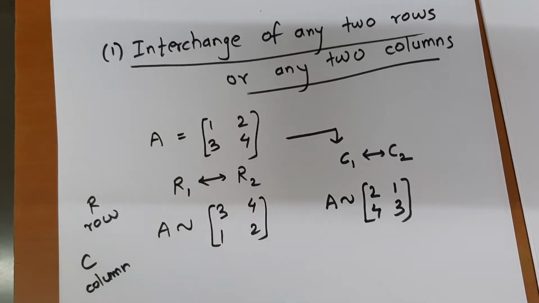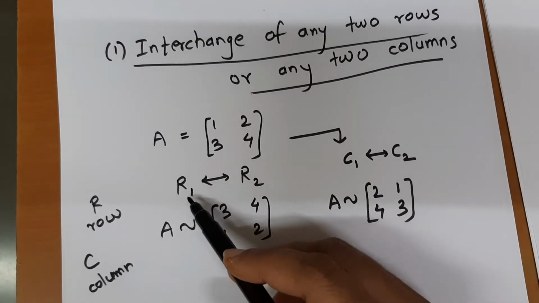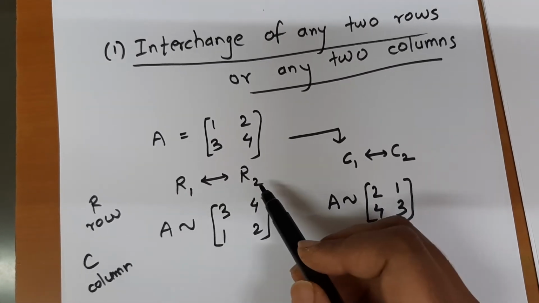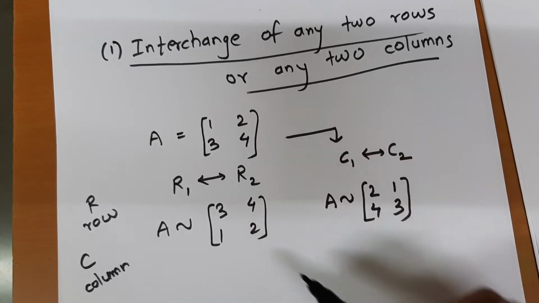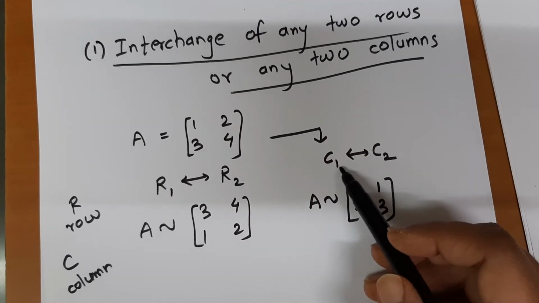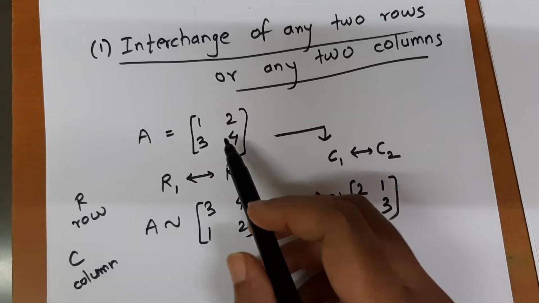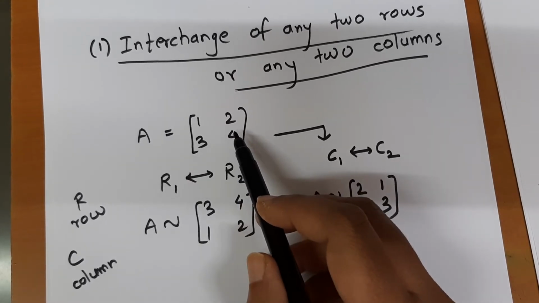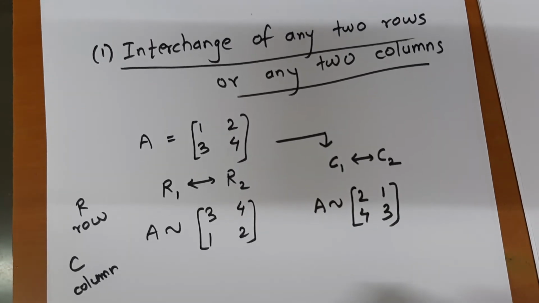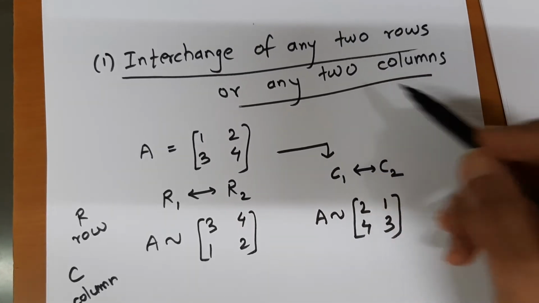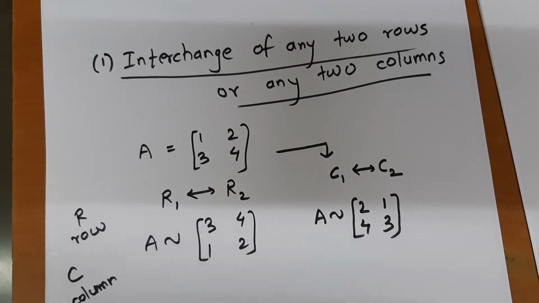So R1 interchange with R2 gives 3 4 and then 1 2, and C1 interchange with C2 means the first column is interchanged with the second column, so 2 4 and 1 3. This is the first type, interchanging any two rows or any two columns.